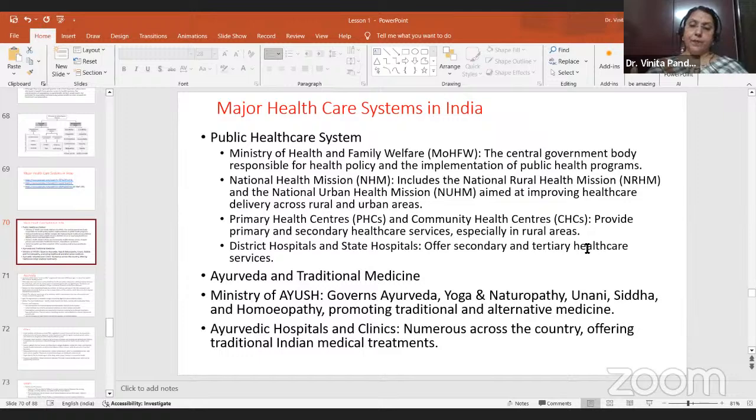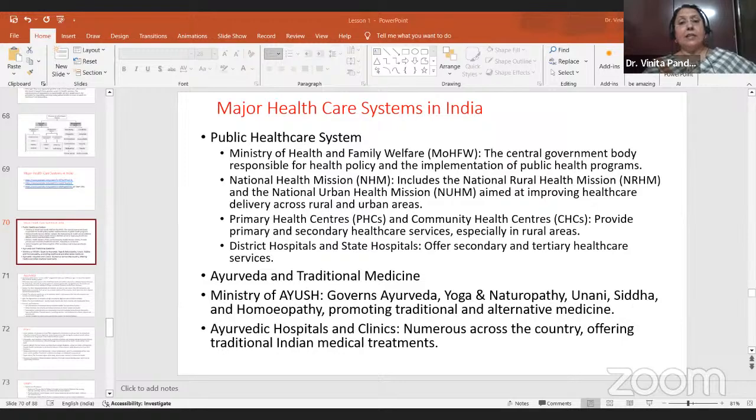Now, when I talk about the healthcare system in India, every discussion on it will include a discussion about the Ayurvedic system. So before I proceed further with my discussion, I would like to spend a couple of minutes to explain how the traditional healthcare system is an important component.